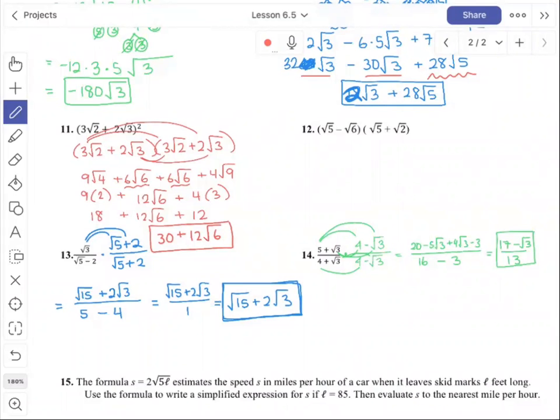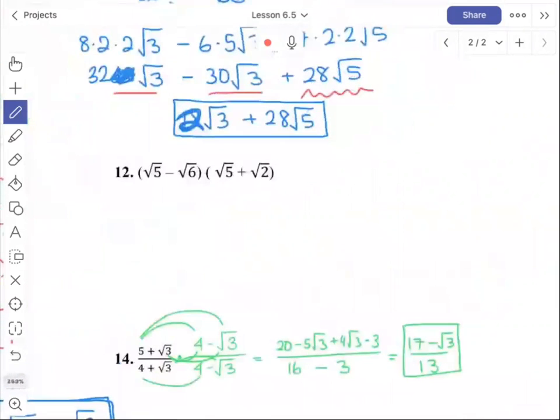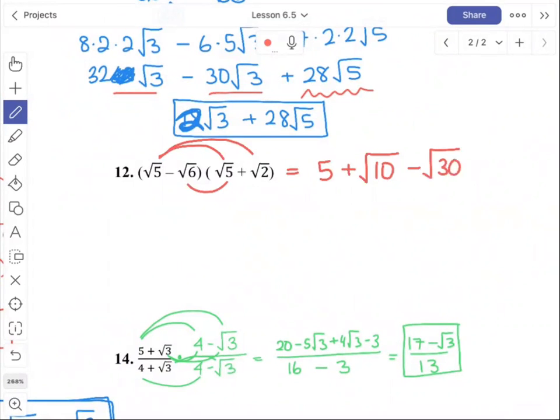Number 12, got it. All right, so number 12, FOIL, all right? Rad 5 times rad 5 is just 5. Rad 5 times rad 2 is rad 10. Negative rad 6 times rad 5 is negative rad 30. Negative rad 6 times positive rad 2 is negative rad 12.